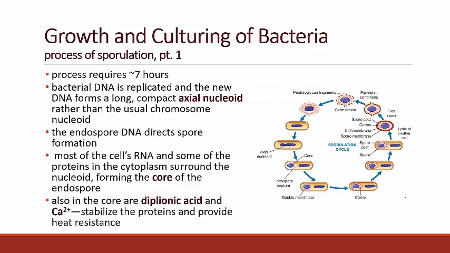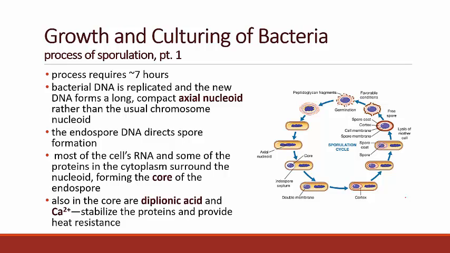So the process of sporulation takes about 7 hours. So as conditions are getting bad in their culture, then 7 hours later you can start seeing spores appearing in the bacteria. The first thing that happens in the process is that the DNA is replicated, and rather than forming the usual kind of loose chromosome in a nucleoid, this replicated DNA is a long and very compacted form of DNA, and it's referred to as the axial nucleoid.